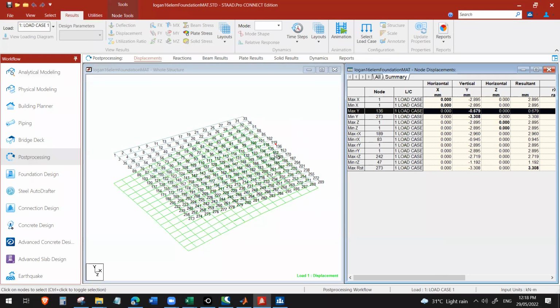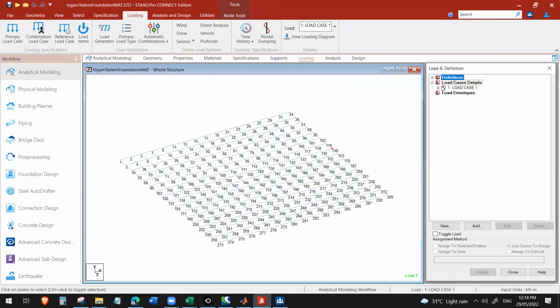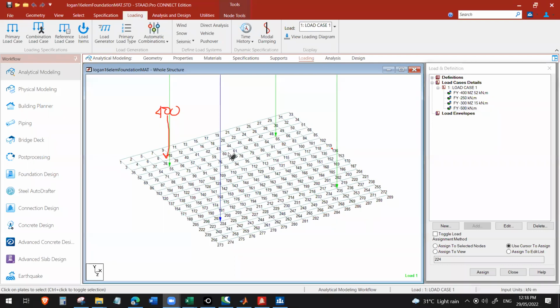Let's go back to our loading. So 400 here. Where's the 500? This is the 500. And where's the 250? This is the 250.